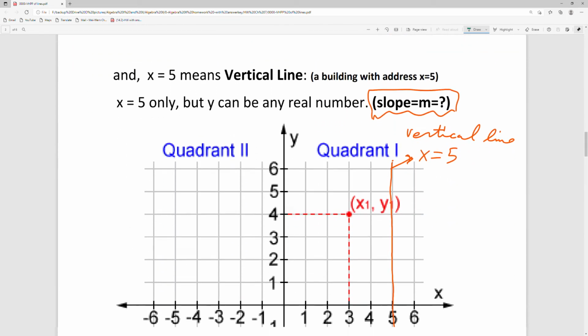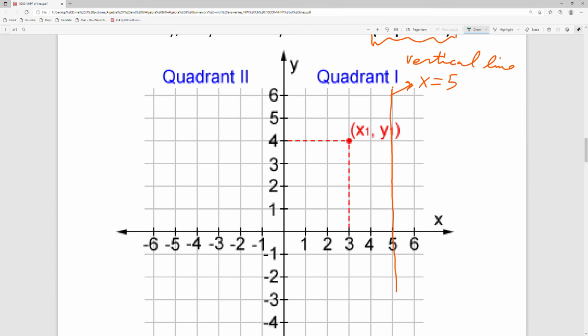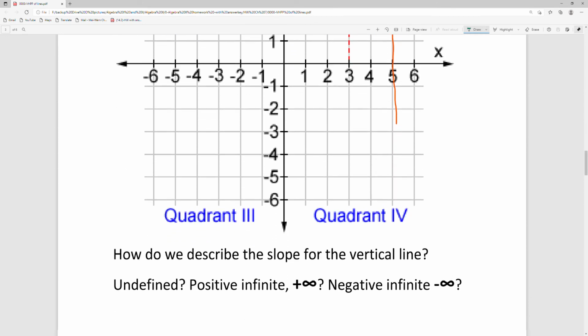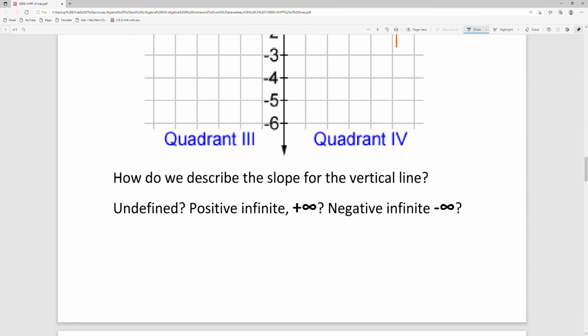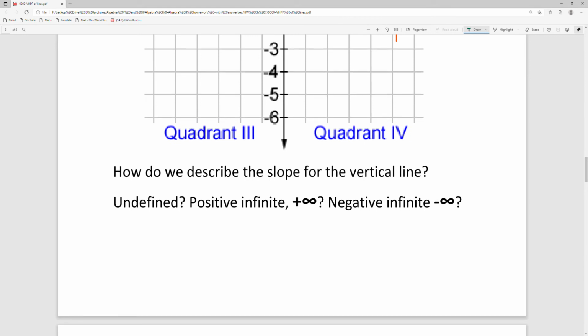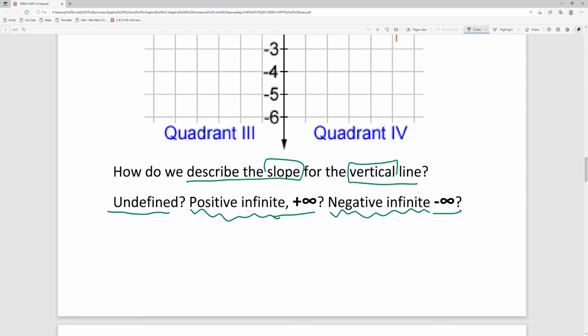And the vertical line, what's the slope? That's what we want to learn for today. How do we describe the slope for the vertical line? Undefined, positive infinity, or negative infinity. Why do I say infinity?